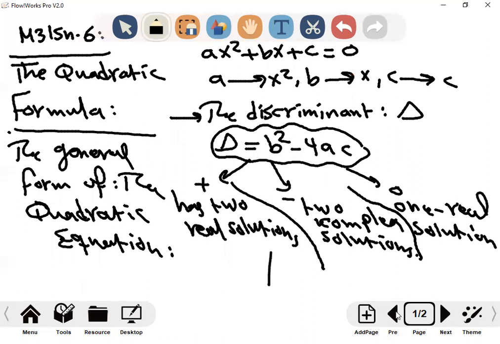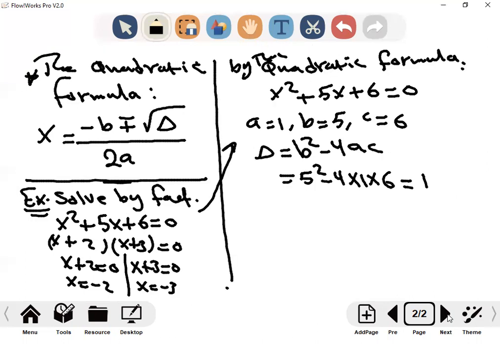So let's go back to delta. If delta is positive, it has two real solutions. Right. So we write it: the equation has two real solutions. Stop. Let's find the real solutions using the formula.